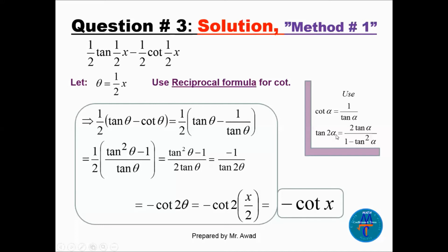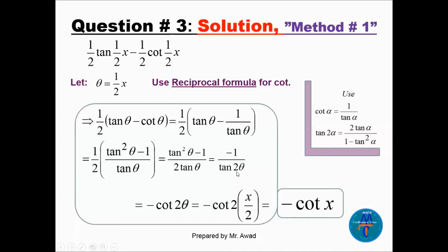We know already on the right side here, we know the double angle formula for tan. So tan 2 alpha will be 2 tan alpha over 1 minus tan squared. If you flip this, it will be minus 1 over tan 2 theta, according to this formula.